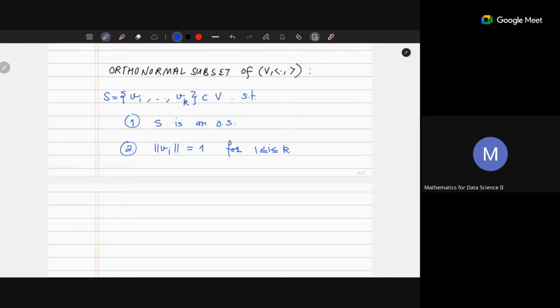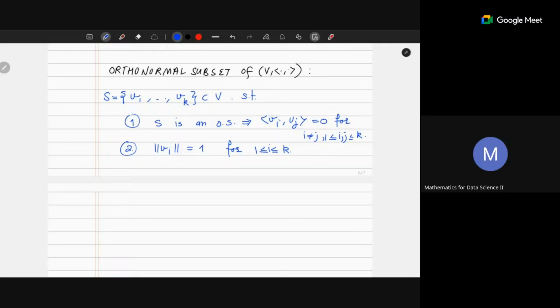What does the first condition imply? It implies that the inner product of vi and vj is equal to 0 for i not equal to j, with i and j both varying between 1 to k.